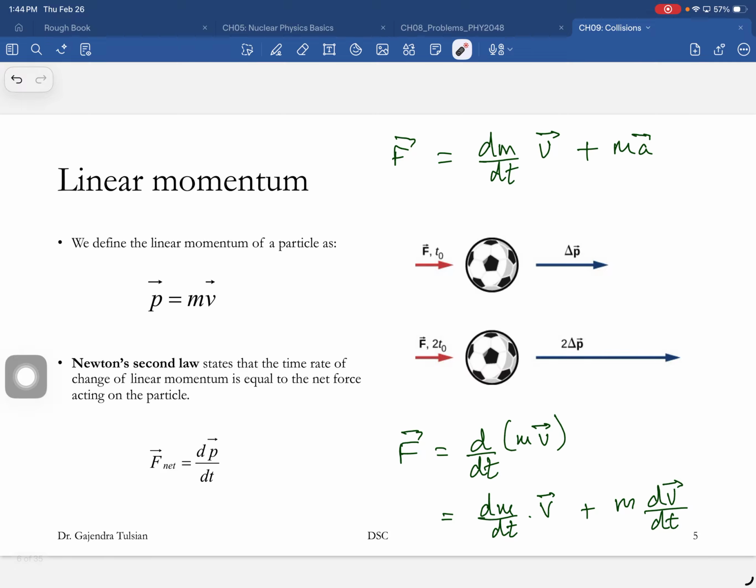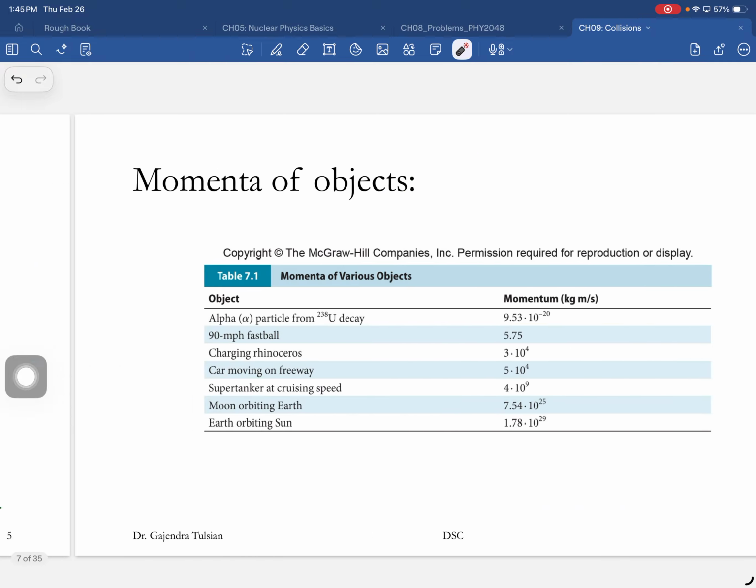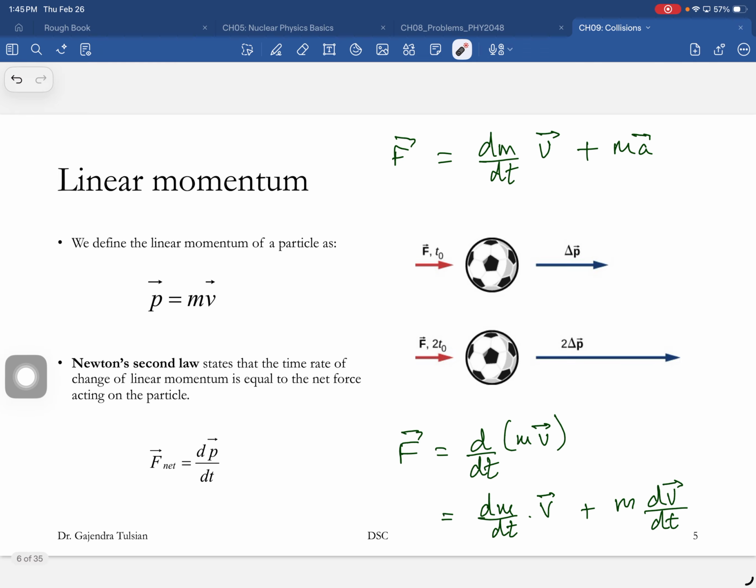So here's Newton's second law. If you know the momentum of an object, this is the change in momentum, and this will tell you what kind of forces you'll need to stop an object in this time.